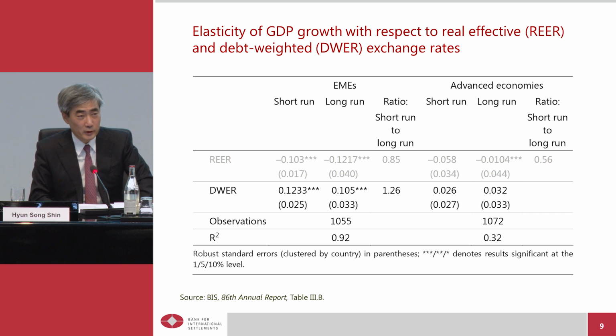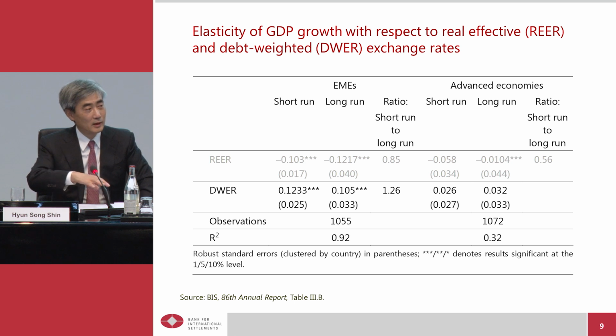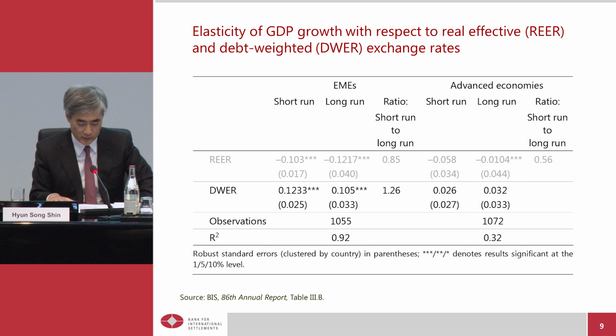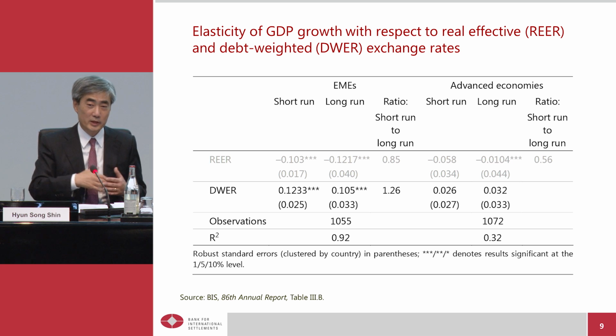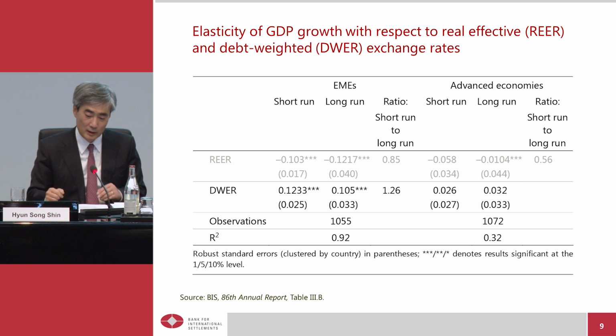This is the weighted average of the bilateral exchange rates with respect to the currencies that denominate external liabilities. So these are for the main global currencies. And here we see that the sign flips. It goes from negative to positive, which is to say, when the exchange rate appreciates in this financial sense, it actually turns out to be expansionary.